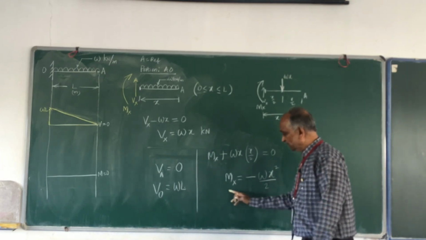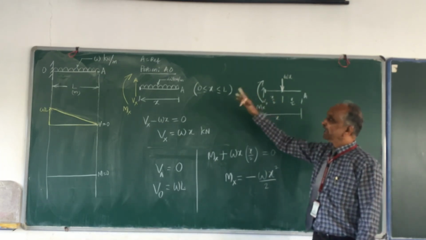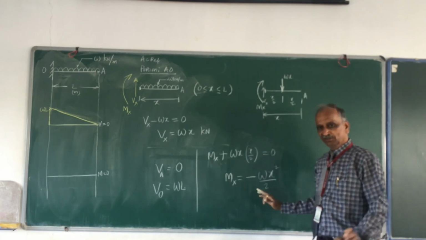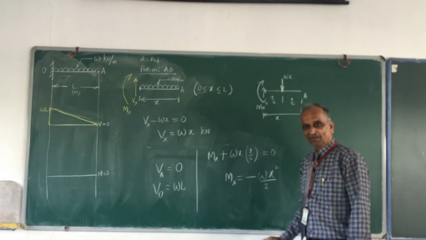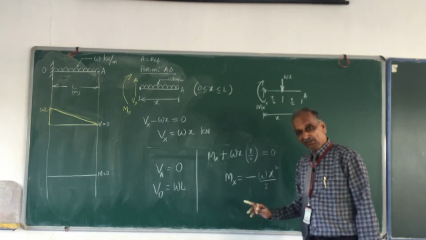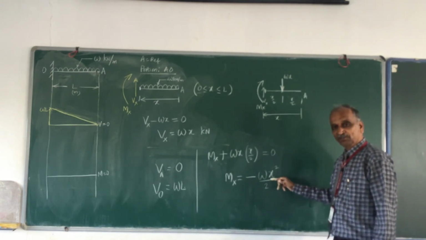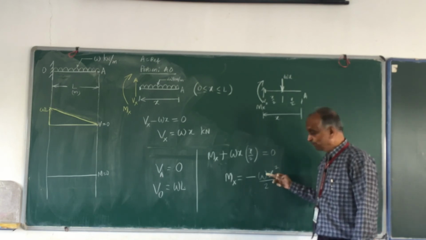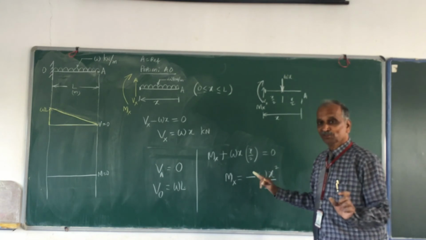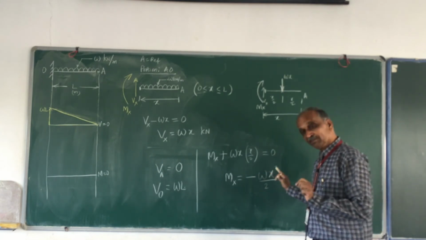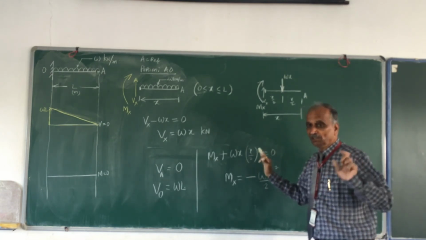So bending moment between A and O, is it constant? No, because I have x. So it is varying. Is it straight line variation? Go back to the power of x, x raised to 2. That means it is not straight line variation, it is a curve.